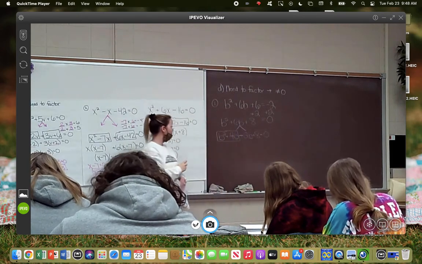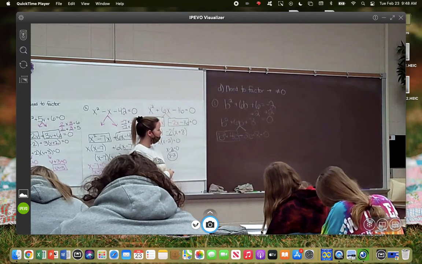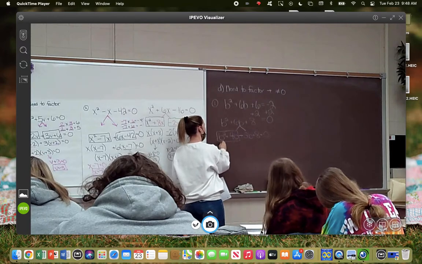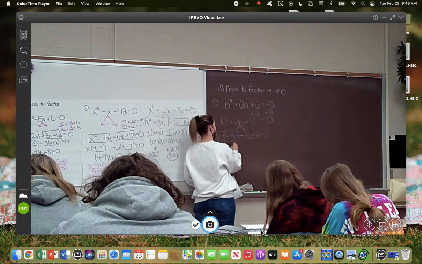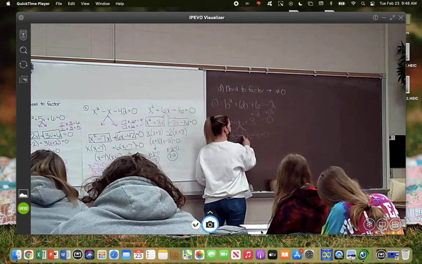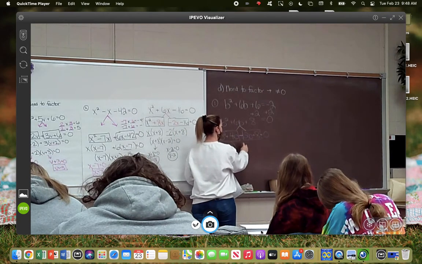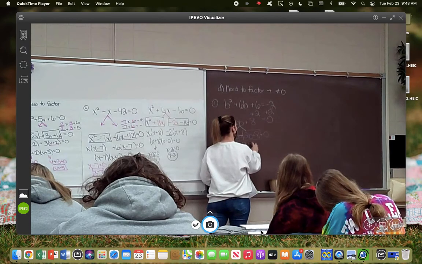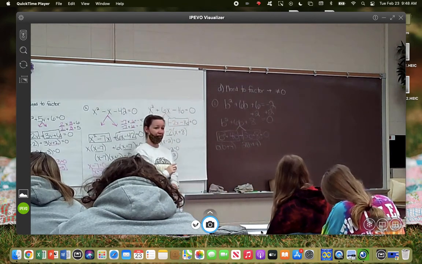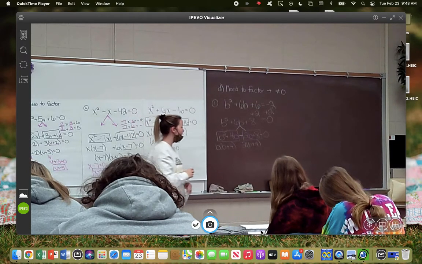All right, so my first group, b squared and 4b, the common factor is a b, and I'm left with b plus 4. What about the second group? What's in common? A 2. And if I take those out, do I also get b plus 4? That's the goal. We always want those to match.